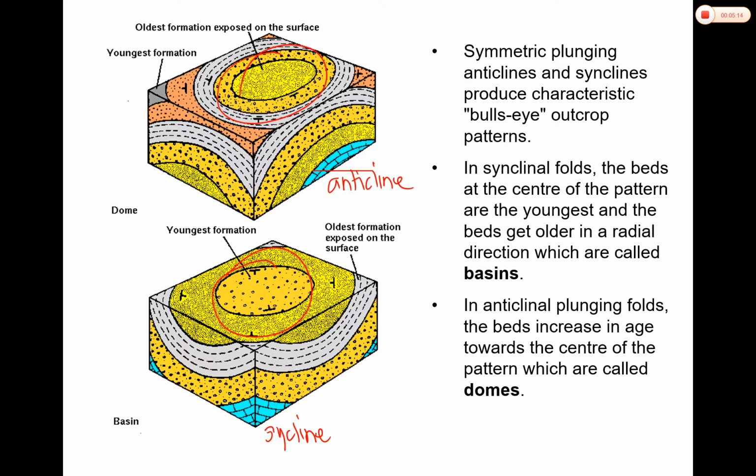Right, at the center of the pattern are the youngest layer. Okay, kat sini ada youngest layer of soil or rock, and the outer ni yang dekat tepi-tepi ni is the oldest exposed on the formations.